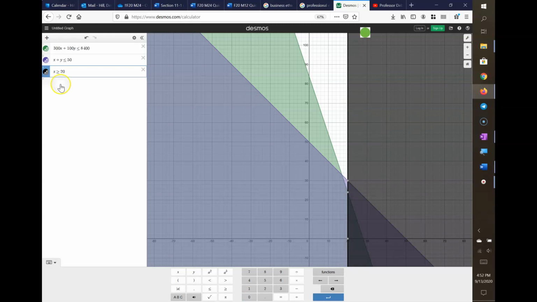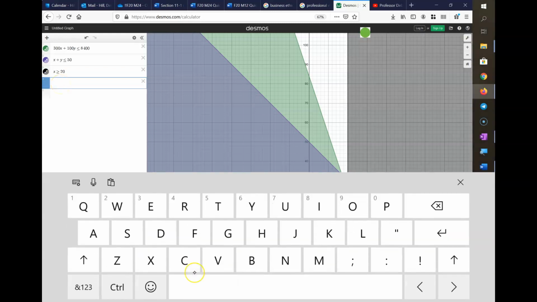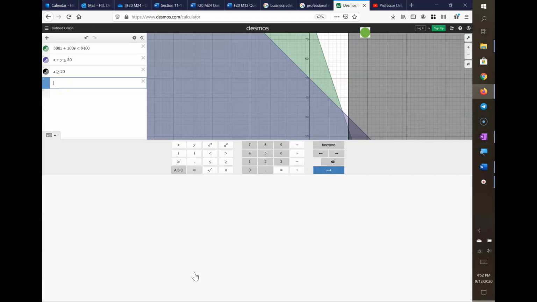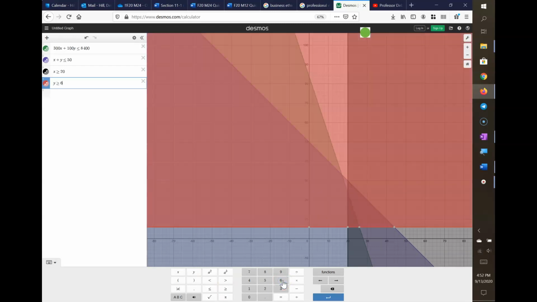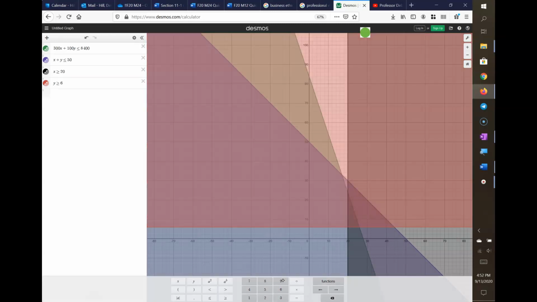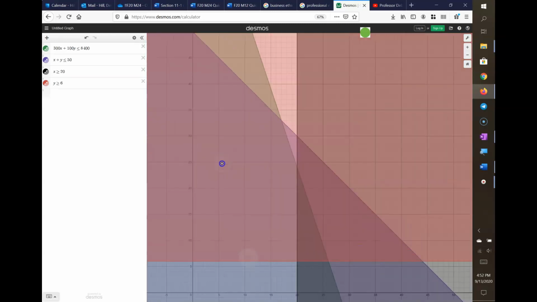And y to be at least 6. So there are all the inequalities graphed, and we can see the feasible region, and we can see the points of intersection.